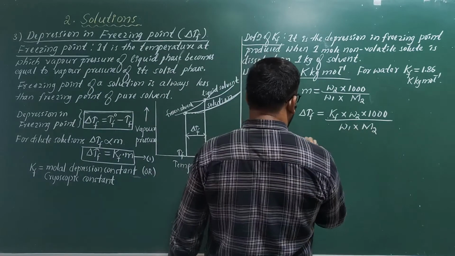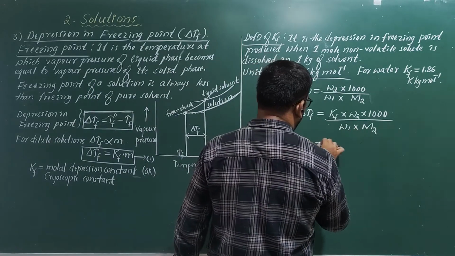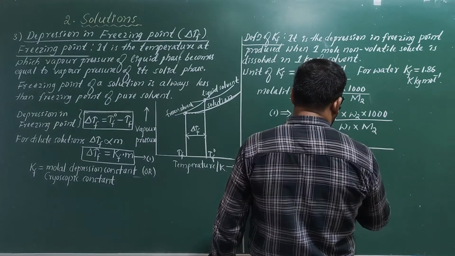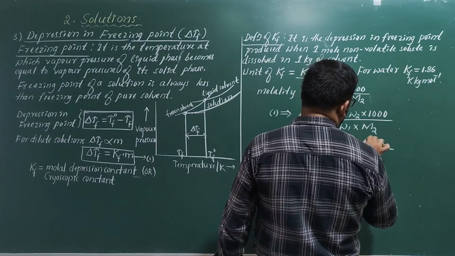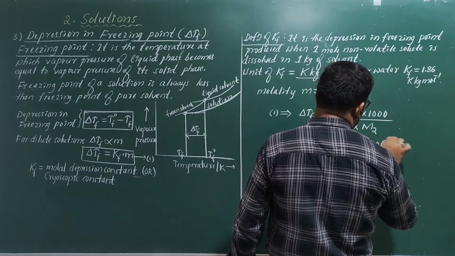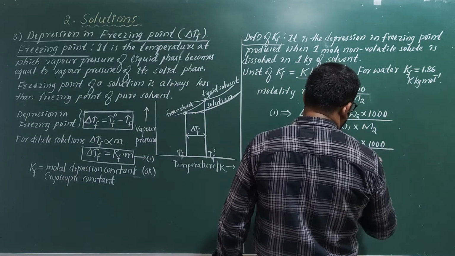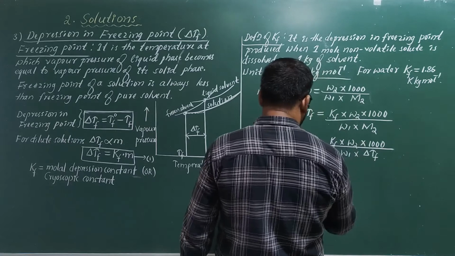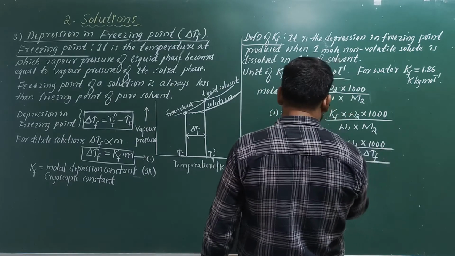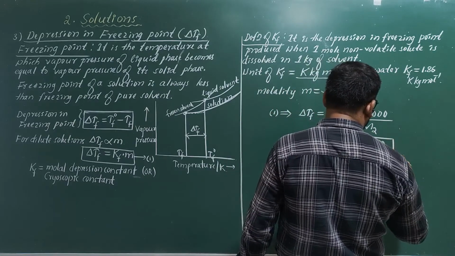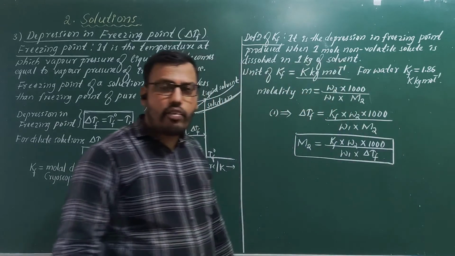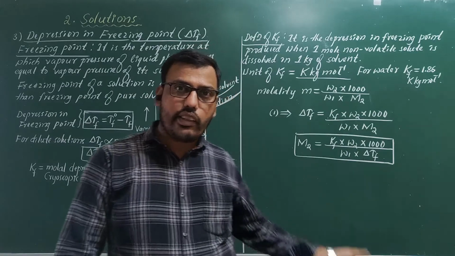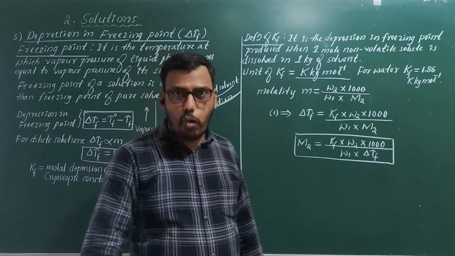The formula takes the form M2 is equal to Kf into W2 into 1000 divided by W1 into delta Tf. So this is the formula to calculate molar mass of solute. Okay, so now we'll see the problems based on this depression in freezing point.